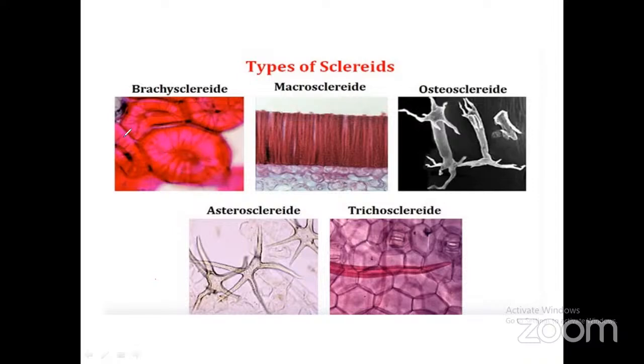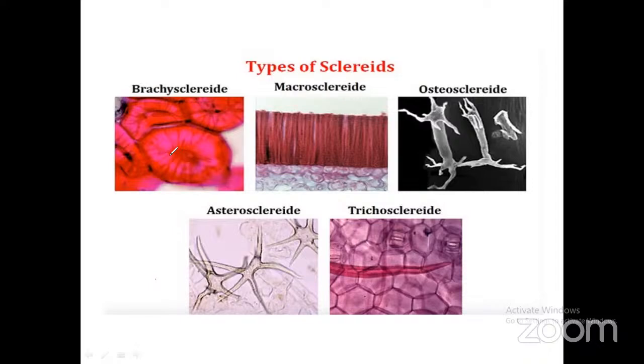We can observe here parenchyma-type cells, more or less isodiametric and polygonal in cross section. Brachysclereids are commonly found in the flesh, the edible parts of some fruits. Mainly fresh foods contain this type of sclereid.